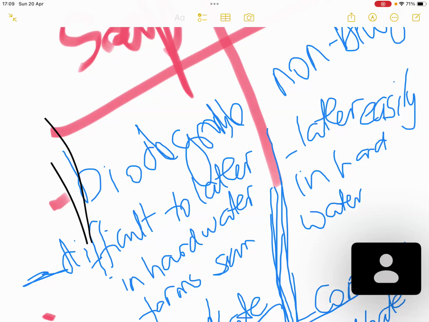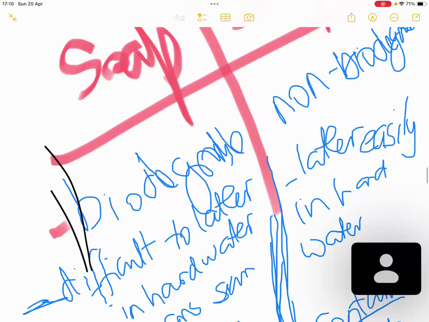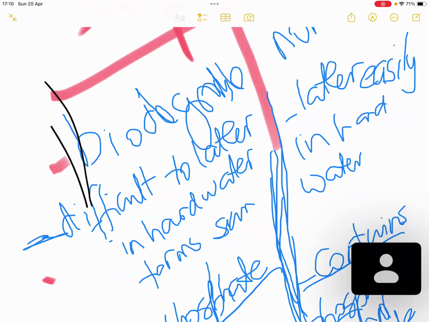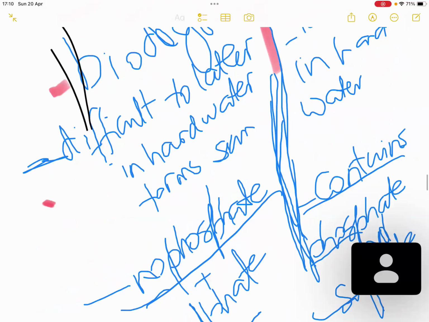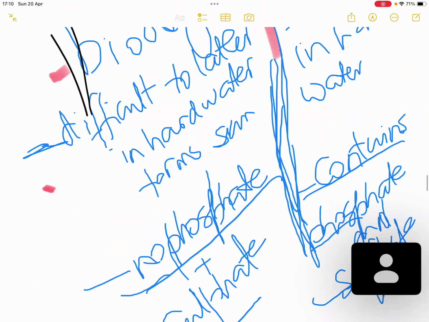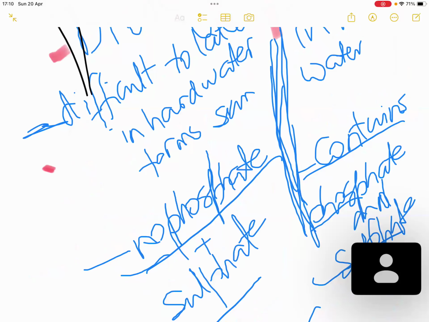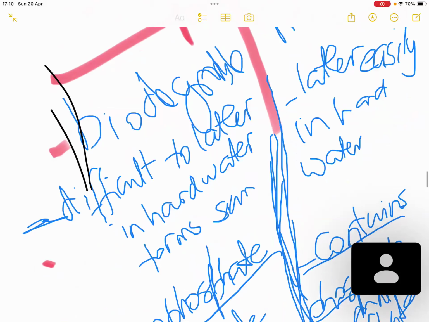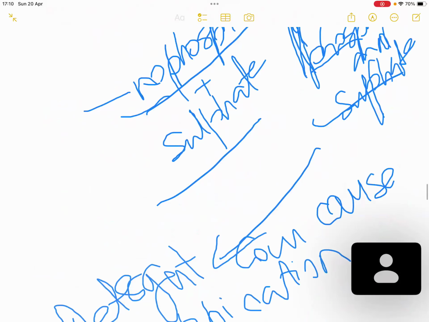Soaps are also difficult to lather in hard water. They form scum. Your soapless detergents lather easily in hard water and they form suds, not scum. Then soaps have no sulfates and phosphates, whereas soapless detergents contain phosphates and sulfates.